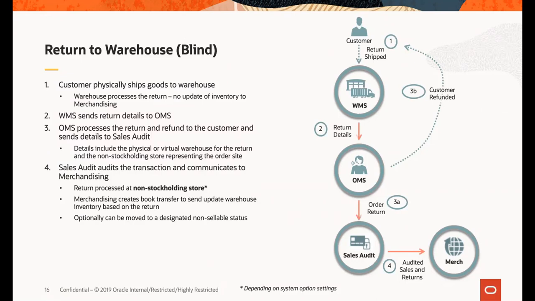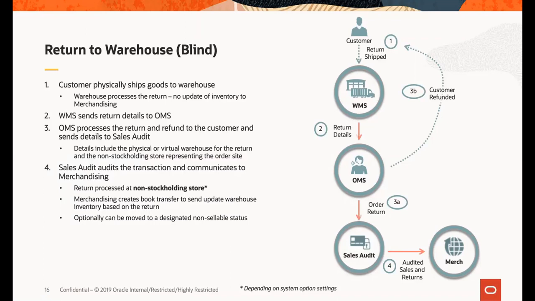Order management would tell us that an item was returned and indicate which warehouse it came into, and then what the returning store is, which would generally be the non-stock holding store. Merchandising would process that as a return into the store, and then we do a book transfer to move the inventory back to the warehouse to true it up with what's physically in the warehouse.